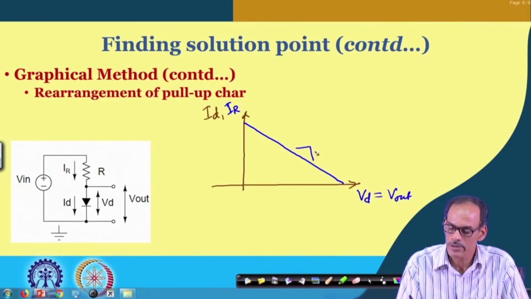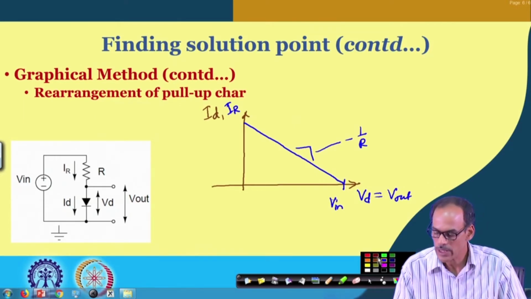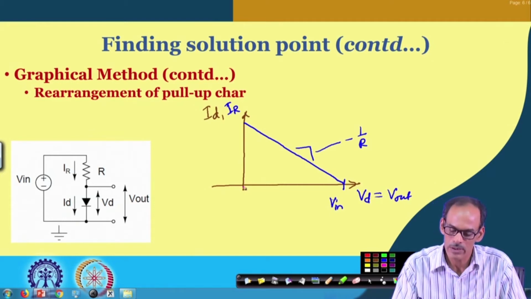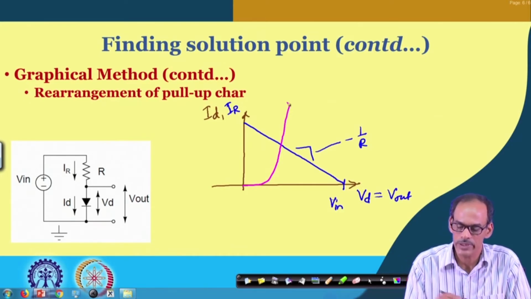Slope is minus 1 by r. This point is V in, and on the other hand, the diode characteristic curve, let me use a different color. So, this is the diode characteristic curve.